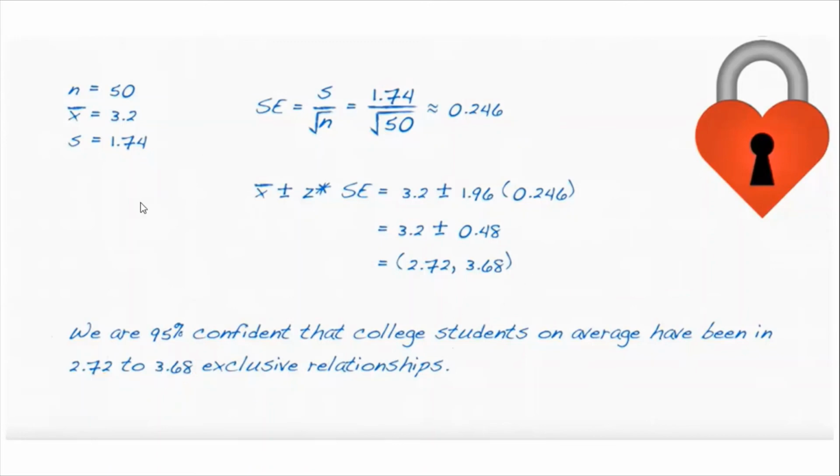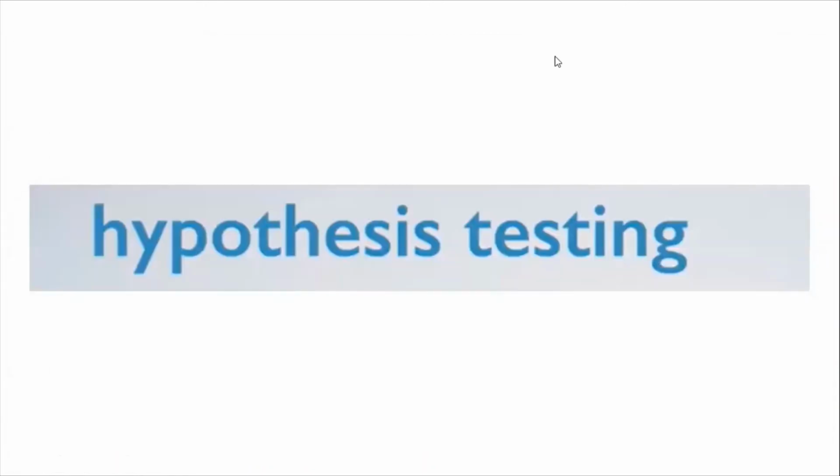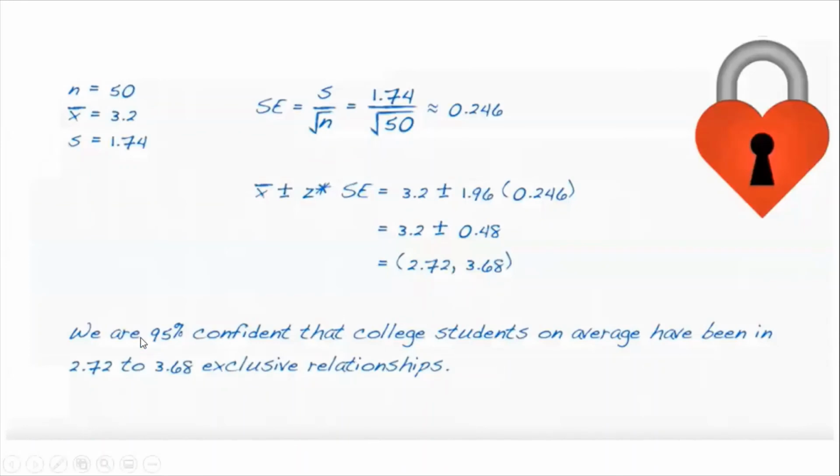Anyhow, I think this is the end of today. Tomorrow we will continue with hypothesis testing, which is basically the p-value, right? So we got this 95% CI, and then we want to see how significant it is.